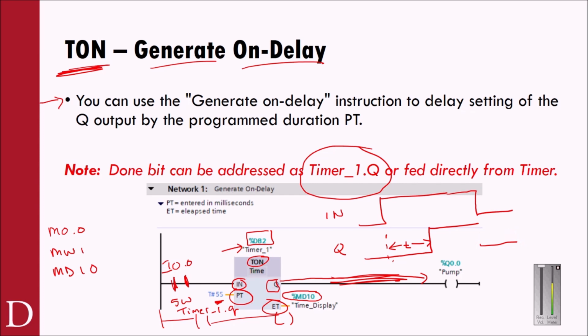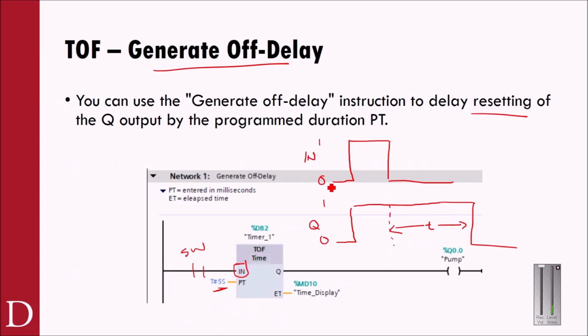The off delay is opposite of that, meaning that when my input goes high, boom, my done bit turns on immediately. When my input goes low, I delay resetting that Q output by whatever that time t is, which again is associated with the preset time, and I'm comparing that elapsed time to the preset time. Again, the Q output can be fed directly, or if I wanted to, I could have Timer_1.Q in a different rung on a bit.